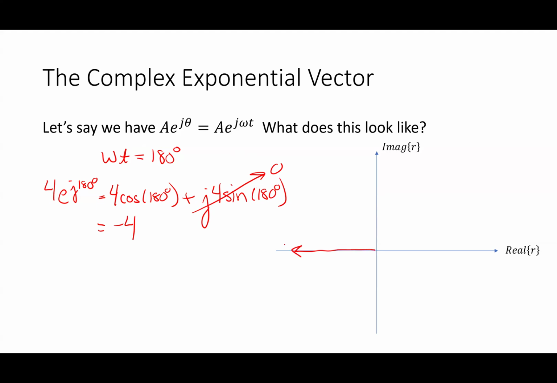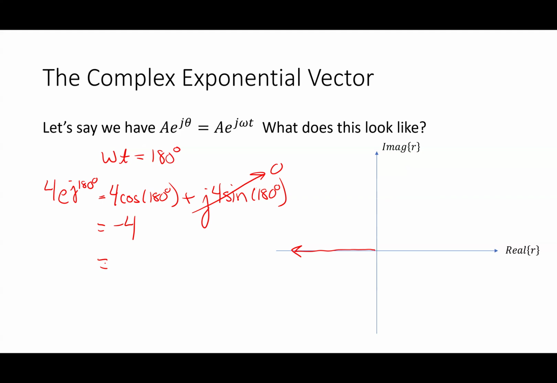Okay. Now a couple of questions here. I want to do two things. First, I want to write this in polar form. So -4. You're not used to thinking about that, but if I asked you, what's the magnitude of this? What would you say it is? 4, not -4. Some of you will say -4. 4 is the magnitude. Magnitude is always positive. What does the negative mean?